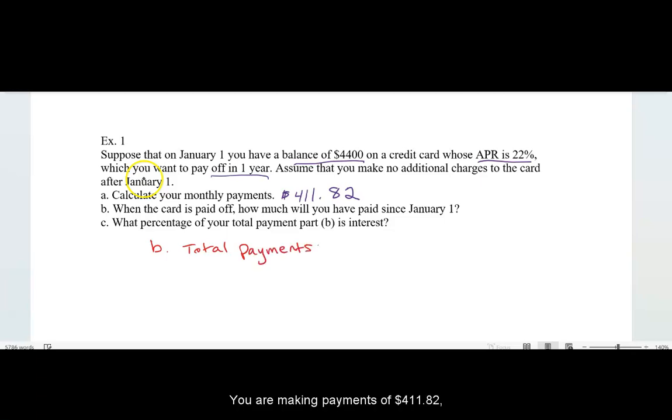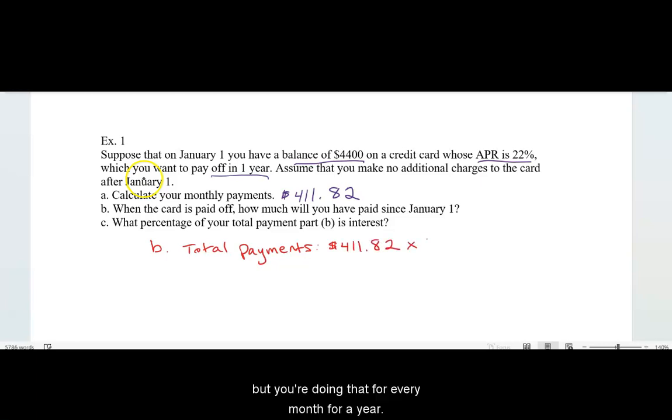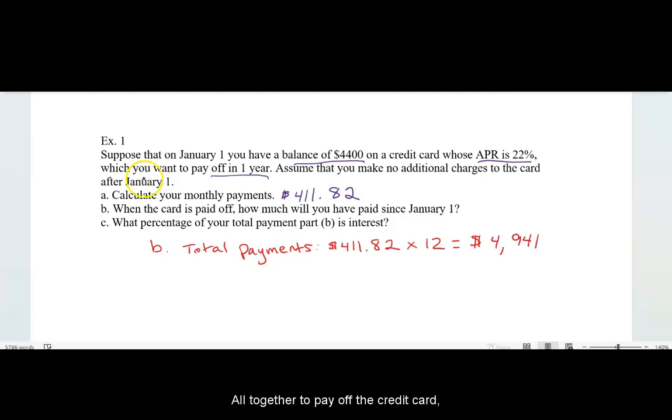You are making payments of $411.82, but you're doing that for every month for a year. So that's 12 payments. Let's multiply those together, and it tells us how much you paid altogether to pay off the credit card. We get $4,941.84.